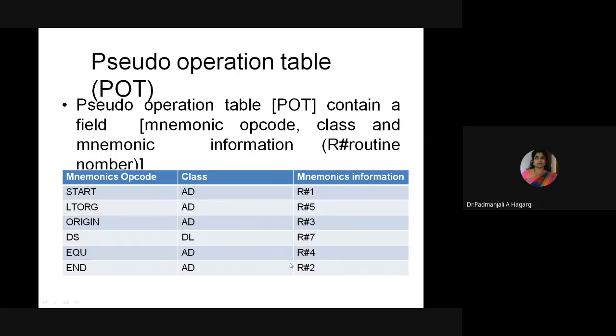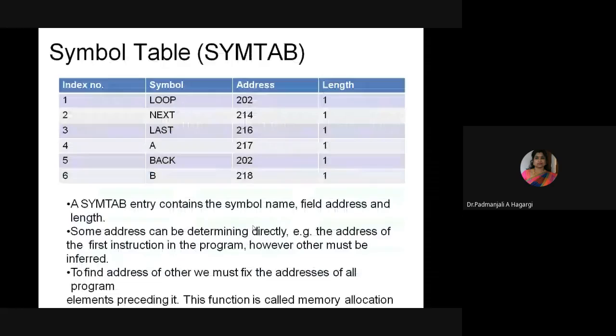All the routine information it will have, the directive information of all the routines, how the statements are running in the program. And the symbol table is another table where it has only the symbols, their addresses, and their length.